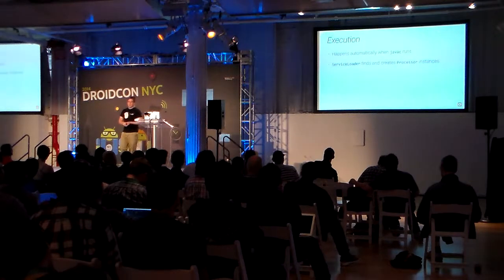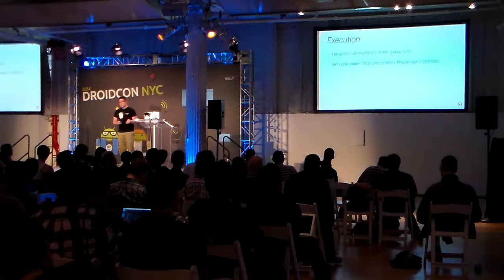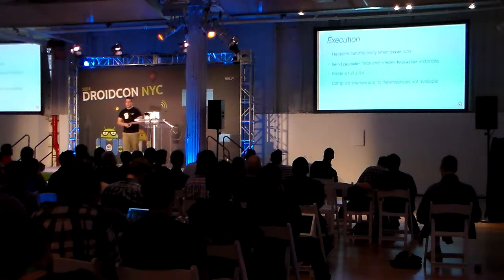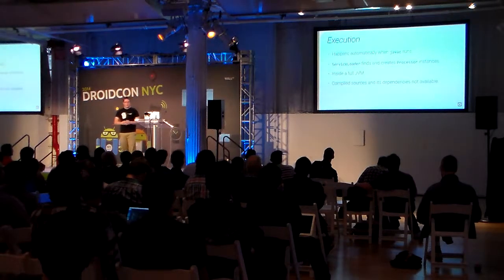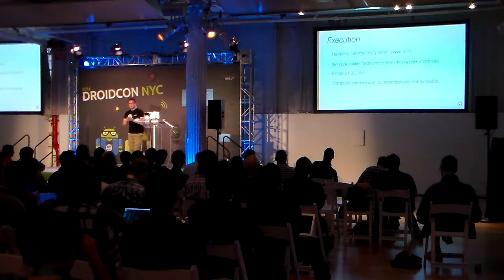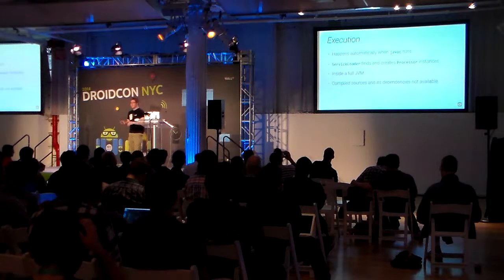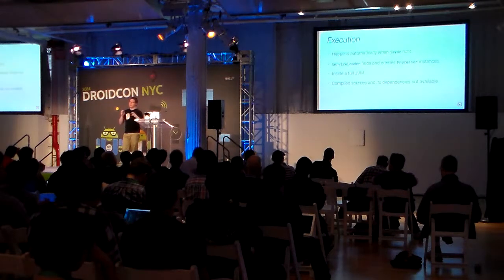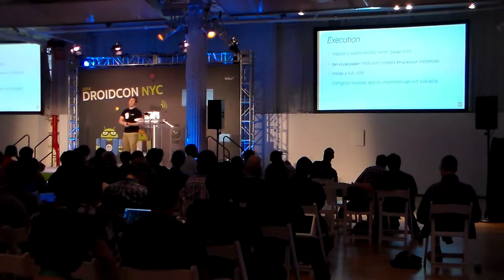So now that javac has our processor instances, one of the things that's a bit tricky is that you have to remember you're inside this JVM, but you don't have access to the sources and dependencies of the code that is compiling.